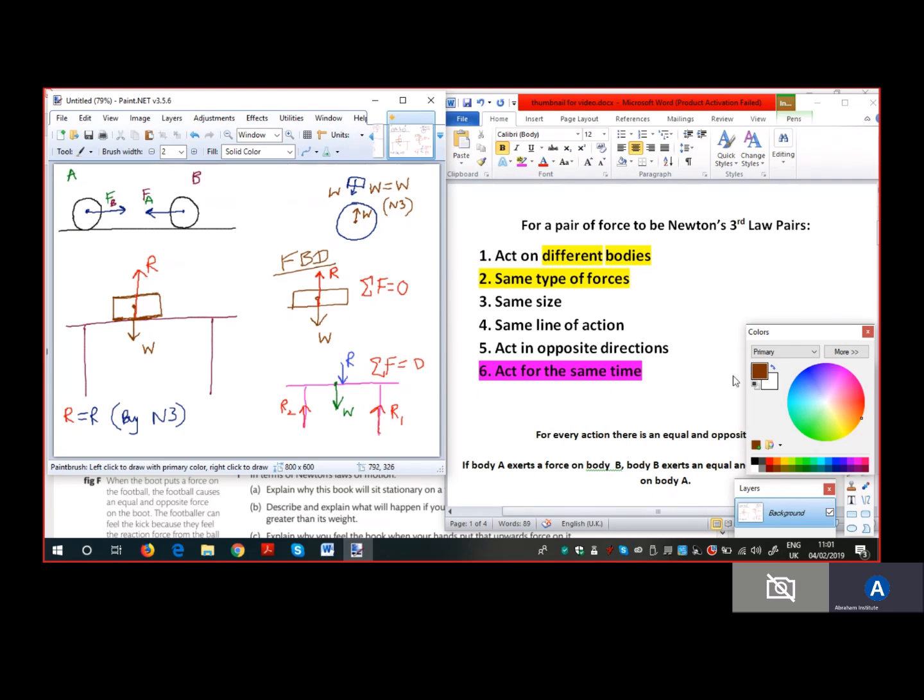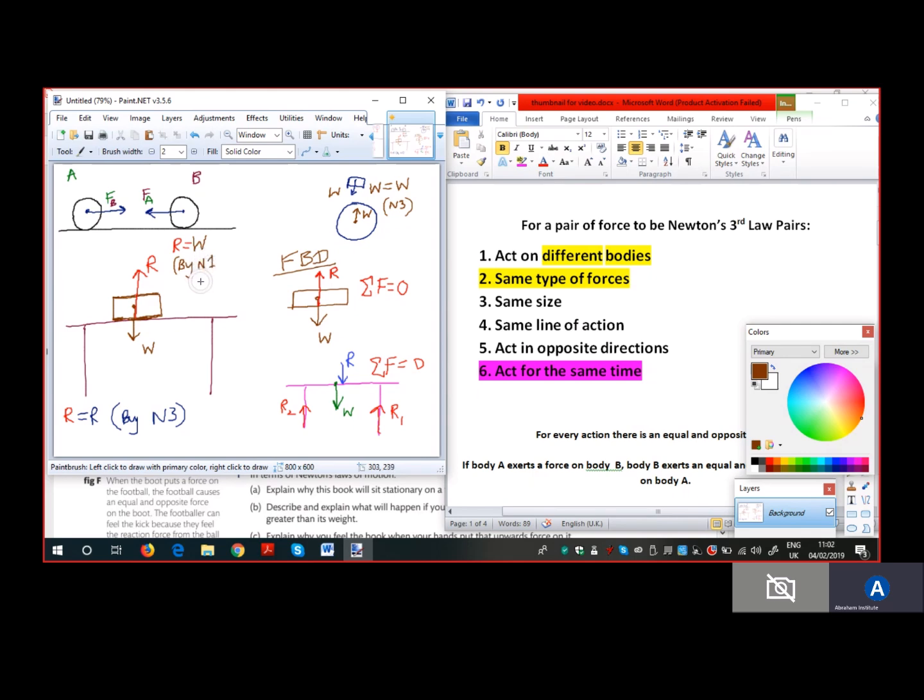This is R. So for this one we can write R equals W by Newton's first law.